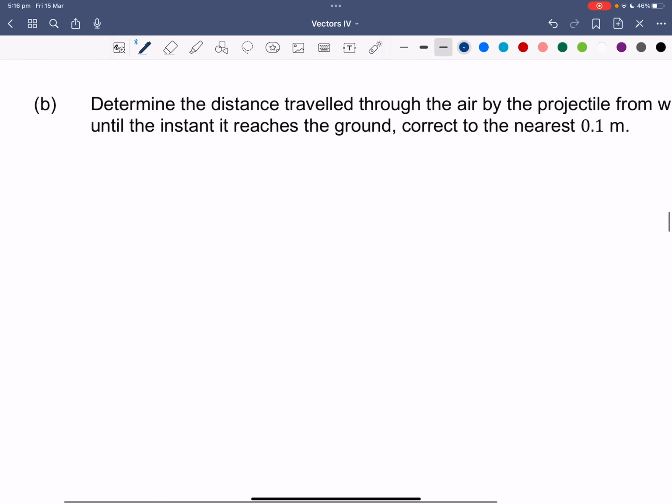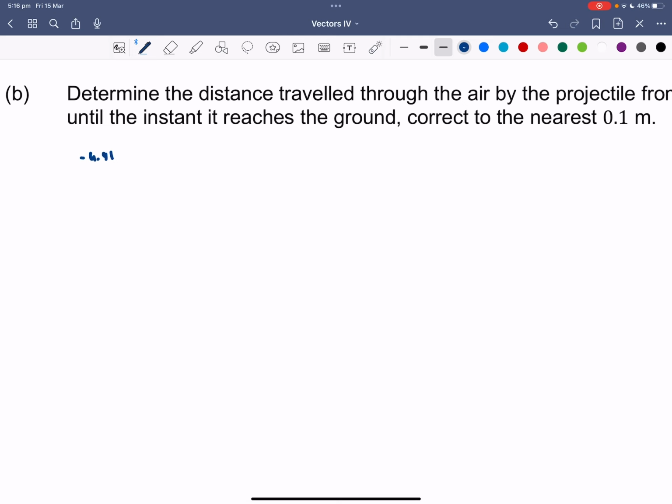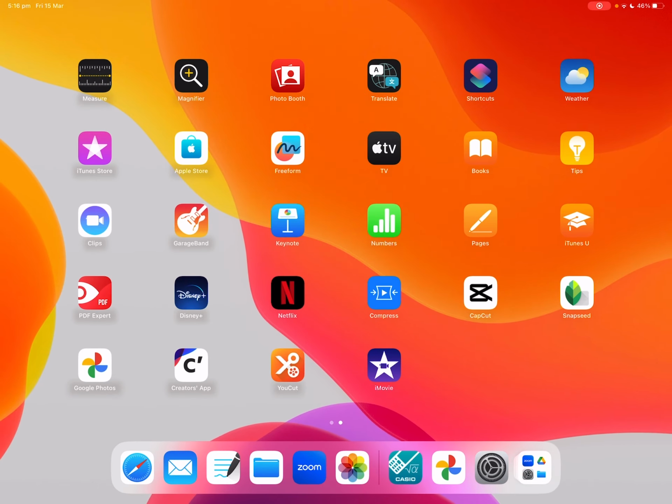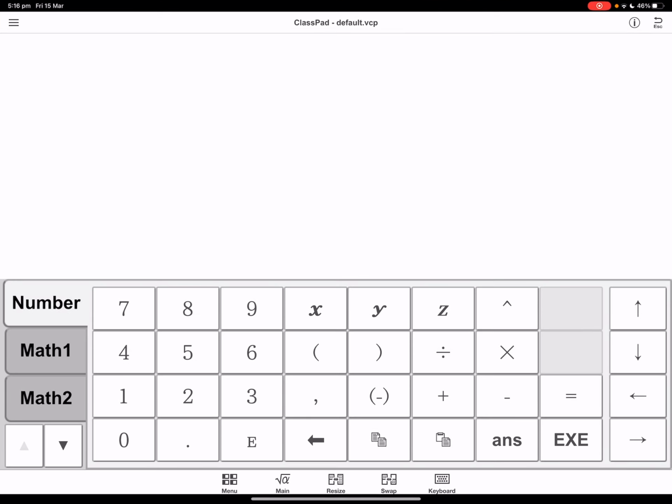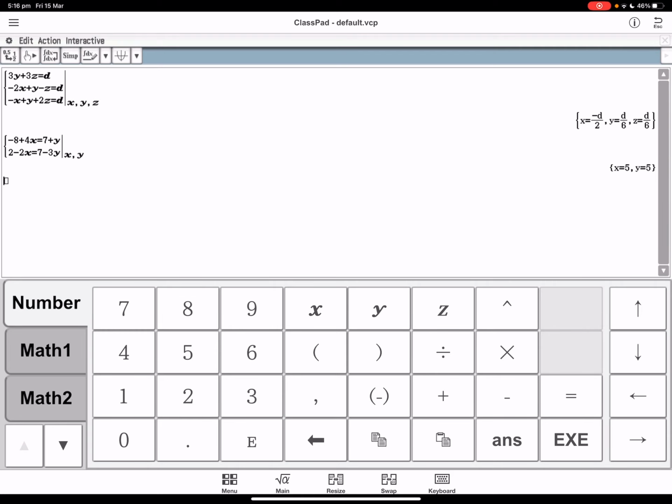So minus 4.9t squared plus 35t plus 9.5 equals 0. All right, what 2 times will we get? Time equals, now you'll get 2 values because it's a quadratic. Let's have a look what 2 values we get. But remember, time has to be positive.